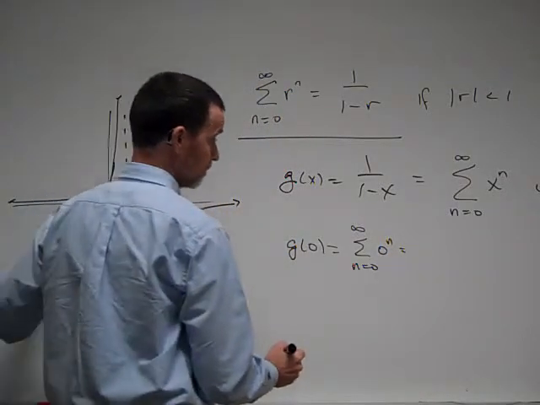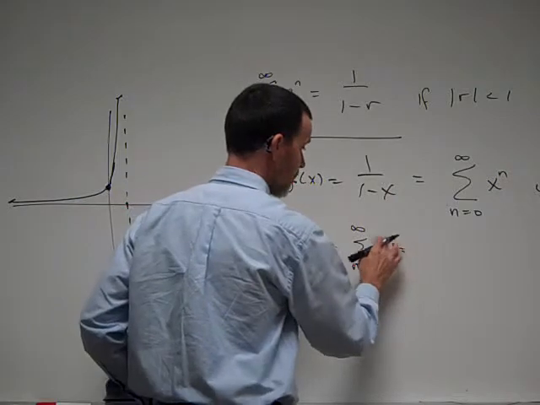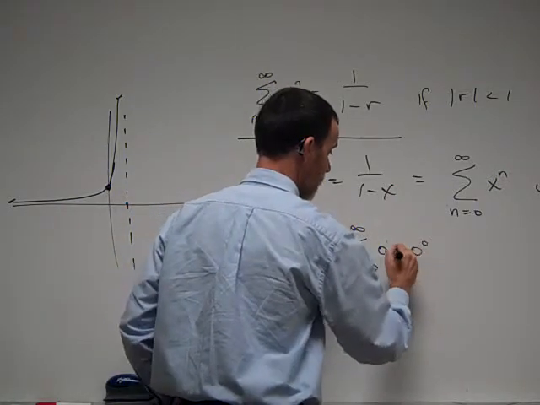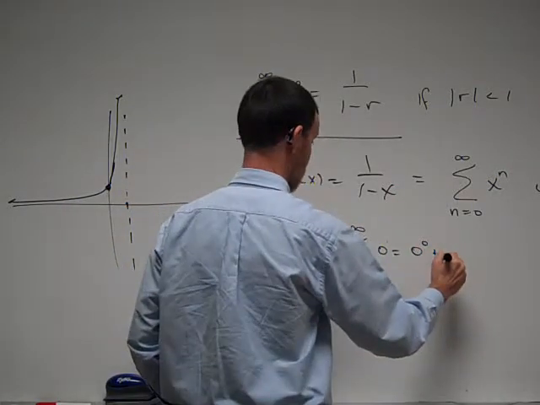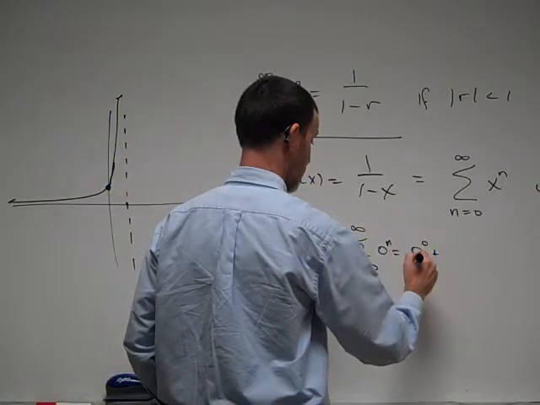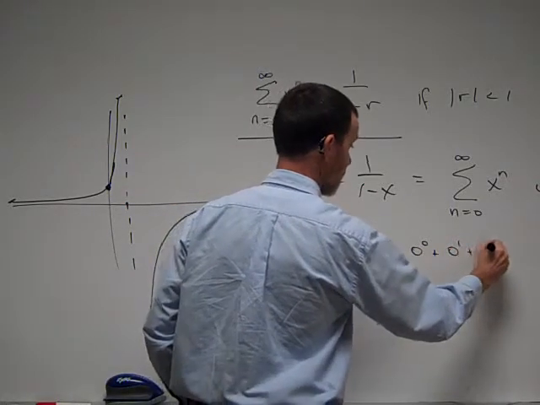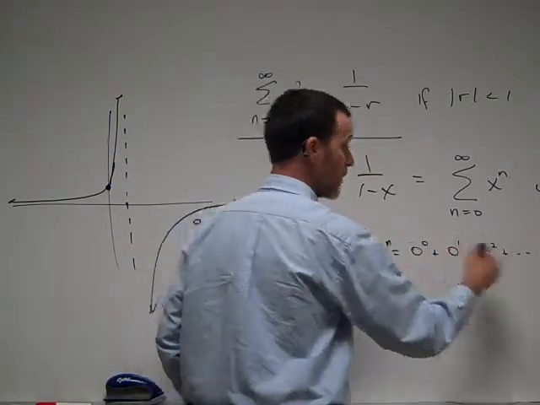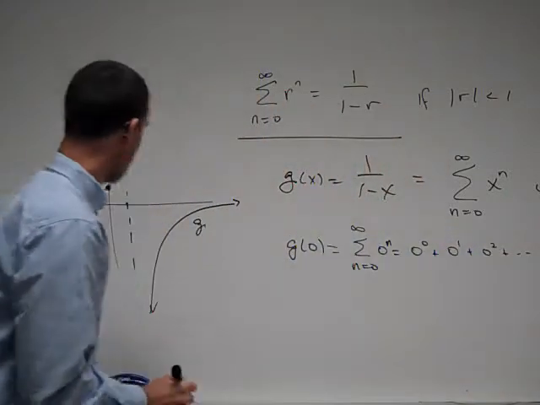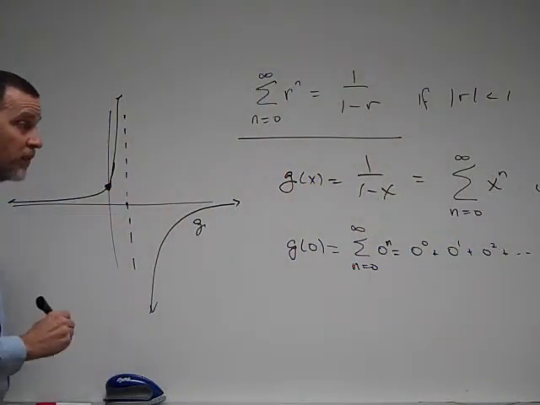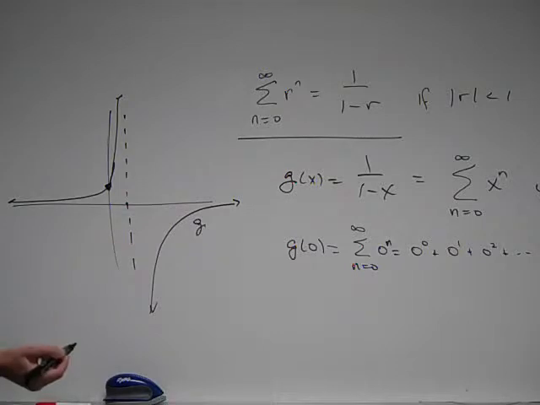Let's see, I get 0 to the 0 plus 0 to the 1 plus 0 squared plus dot dot dot. 0 to the 0 is 1. So sure enough, it at least agrees with it at 0.